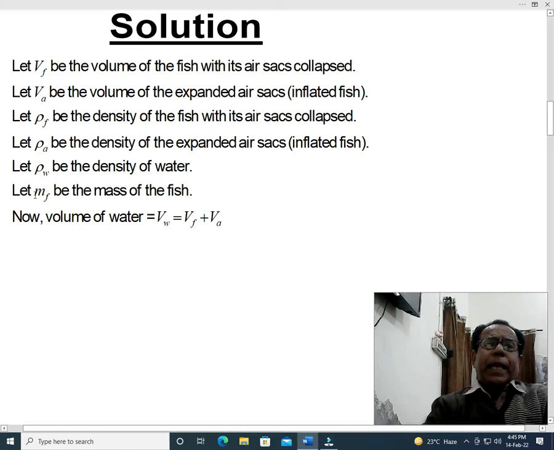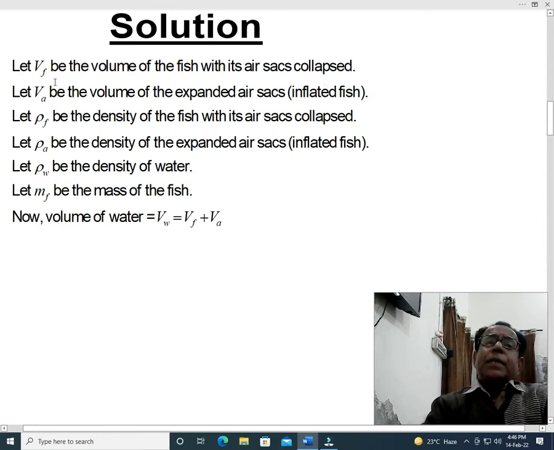Okay, m stands for mass. So first we denote these symbols. Okay, let Vf be the volume of the fish with its air sacs collapsed.